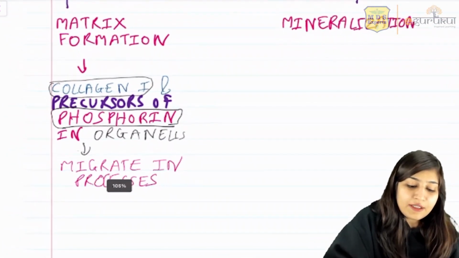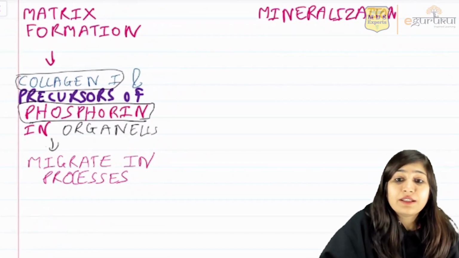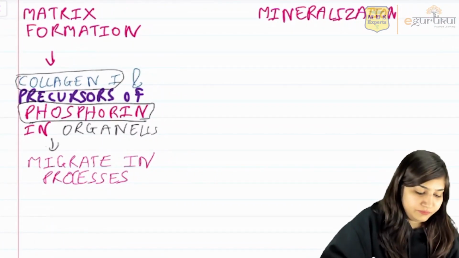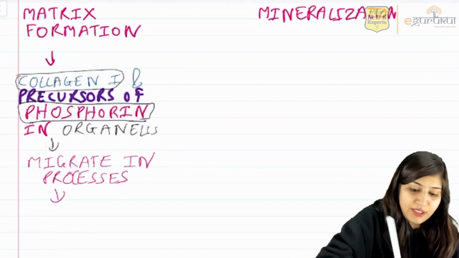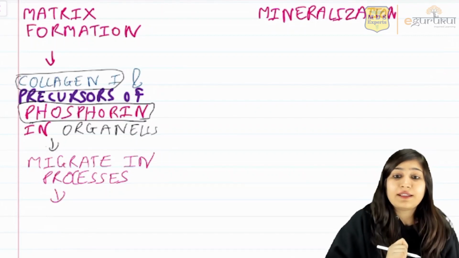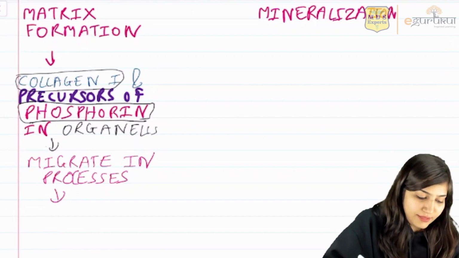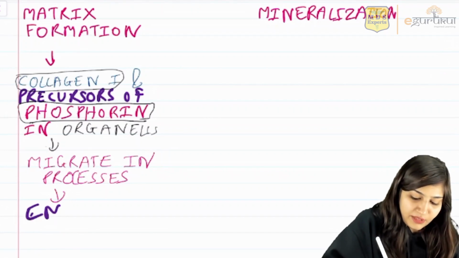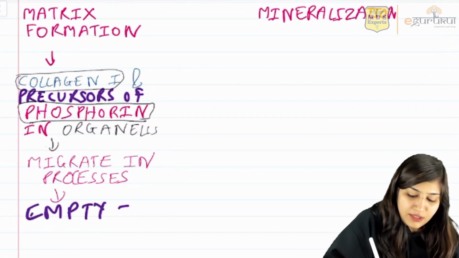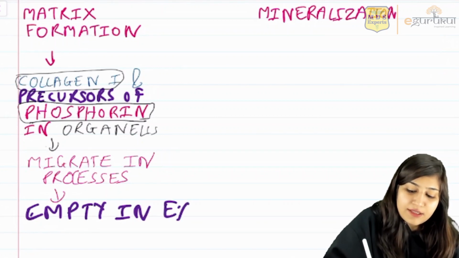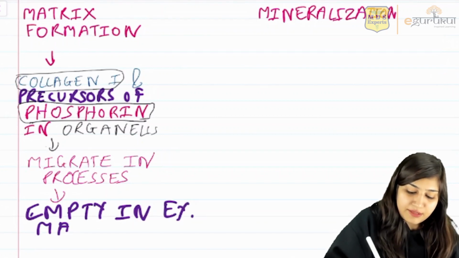Then they are emptied where? Extracellular matrix. From the process they are emptied into the extracellular matrix.